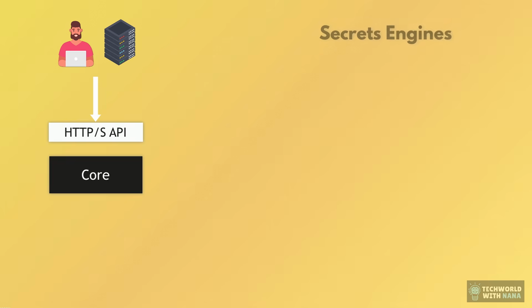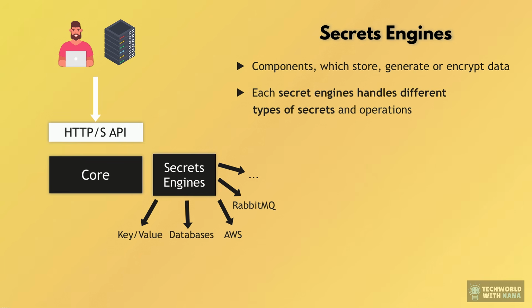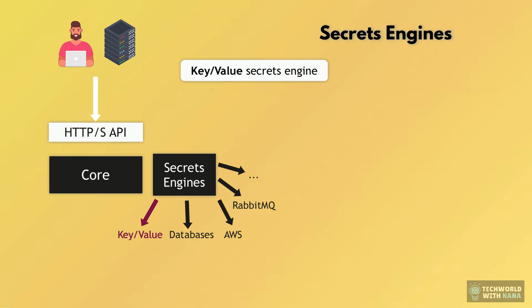Now for storing different types of secrets, Vault has different what's called secret engines or secret backends, which is part of that Vault core. The simplest one is key value store, which is a generic secret store where we can store arbitrary static secrets like username and password, API keys, database credentials, and so on. But remember, I mentioned the dynamic secrets feature.